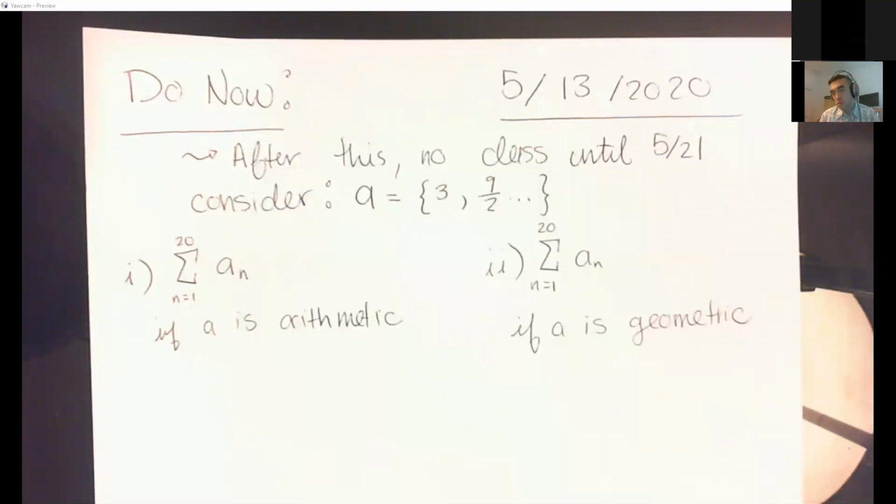For both of these types of structures, figure out what the explicit series equation should be, and then calculate what that series is over the first 20 values. Now, obviously, which one of these should be bigger? Which one of these should produce a bigger answer before we do any calculation at all?